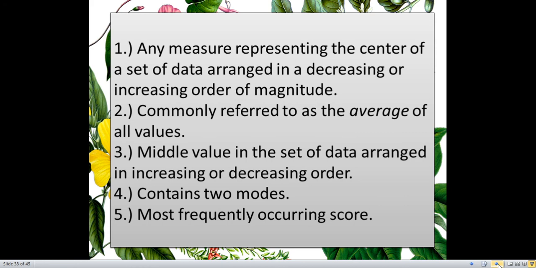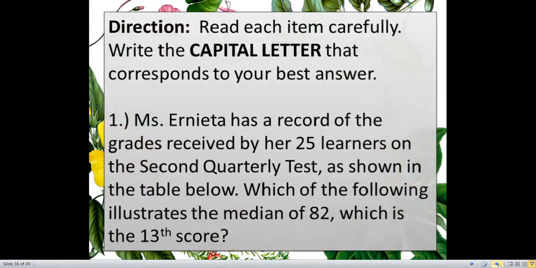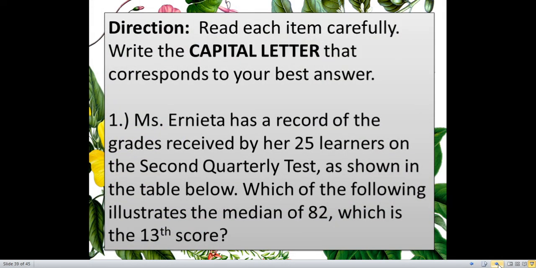After you do the identifying, you also have multiple choice. So read each item carefully. Write the capital letter that corresponds to your best answer. For now, I will read it for you. Number 1, Miss Ernieta has a record of the grades received by her 25 learners on the second quarterly test.